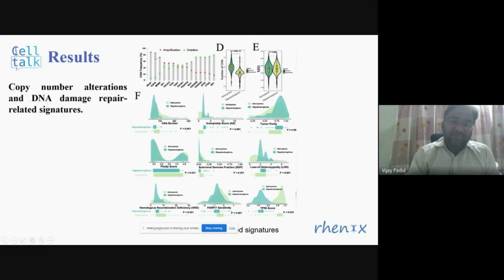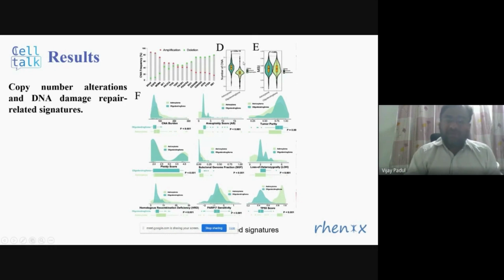In this entire genomic panel, these genes were seen to have more amplifications as compared to this category of genes where there were more deletions: PTEN deletion, RB1 deletion, CDKN2 deletion, whereas amplifications of these genes, EGFR, BRAF, etc.